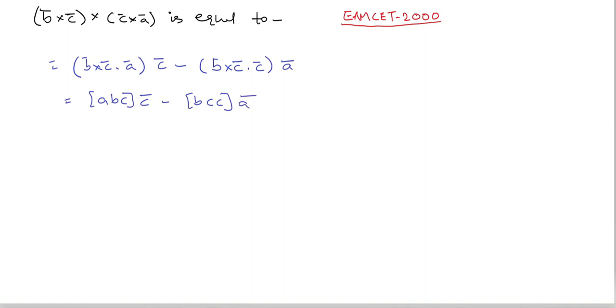Here c is repeated, so the box value is 0, equal to box abc into c bar minus 0 into a bar, that is equal to box abc times c bar.